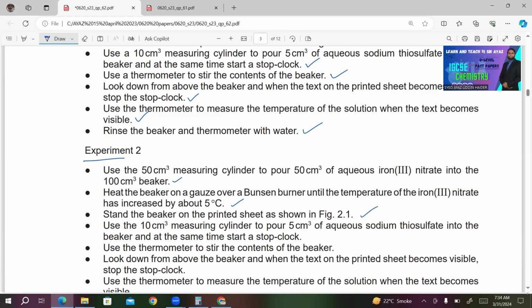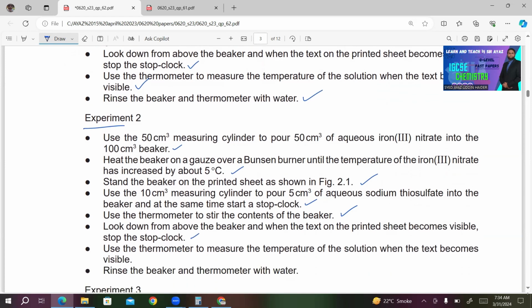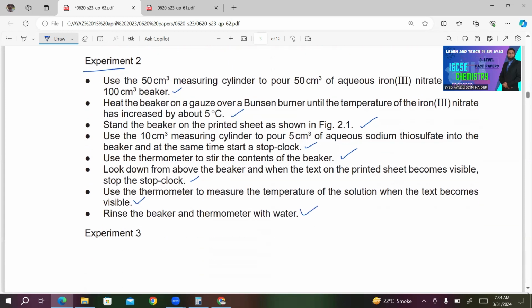Use a 10 centimeter cube measuring cylinder to pour 5 centimeter cube of aqueous sodium thiosulfate into the beaker, and at the same time start a stop clock. Use the thermometer to stir the contents of the beaker. Look down from above the beaker, and when the text on the printed sheet becomes visible, stop the clock. Use the thermometer to measure the temperature of the solution when the text becomes visible. Rinse the beaker and the thermometer with water. Experiment 3.